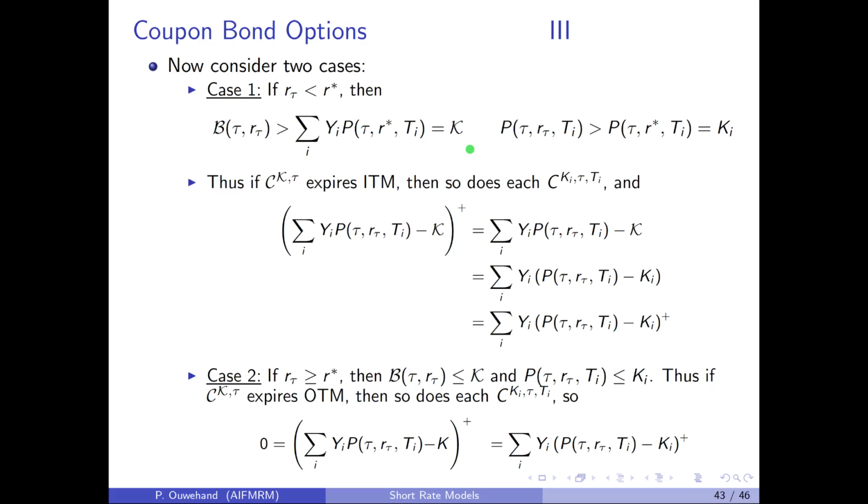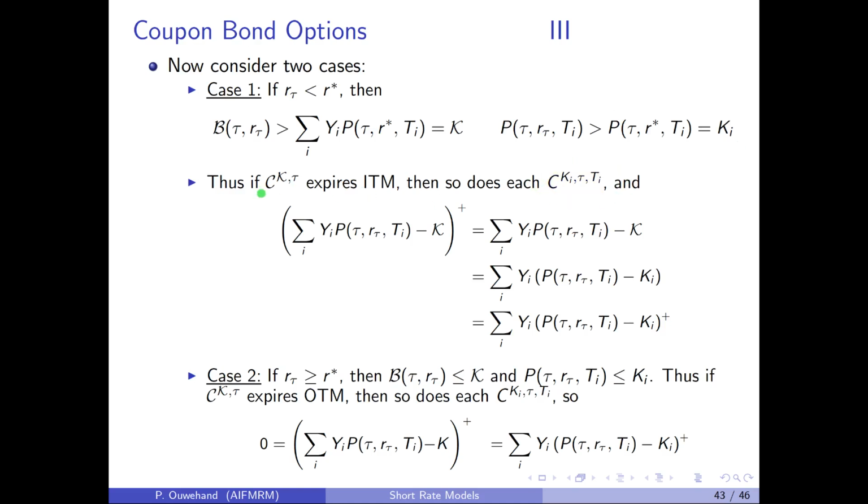By exactly the same reasoning, the zero coupon bond price at time tau, using the actual short rate R_tau, will be strictly greater than the zero coupon bond price using the critical short rate value, which by definition is K_i. And therefore, each of the call options on zero coupon bonds, these here, will expire in the money.